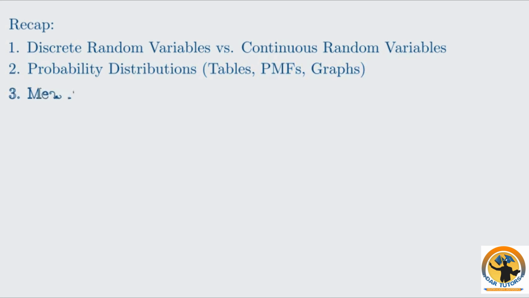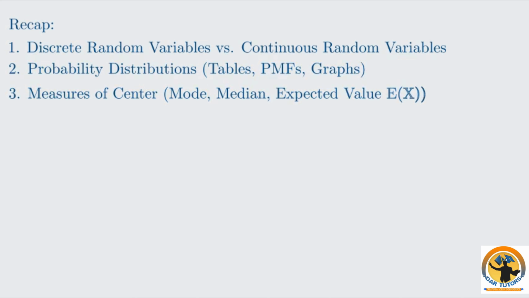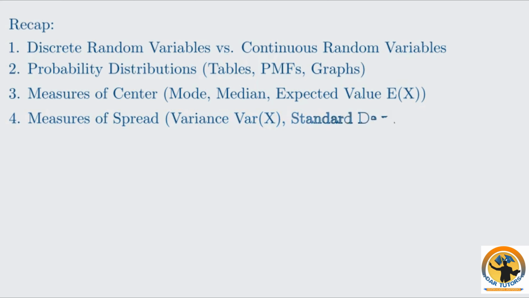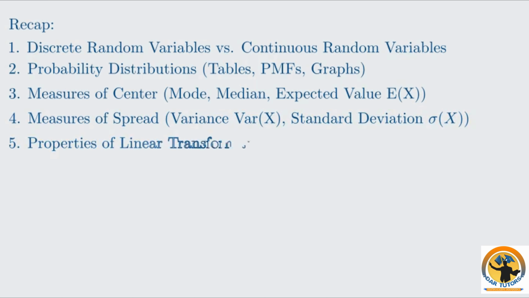We then explored measures of central tendency like the mode and median, and the all-important expected value, which represents the long-term average. To describe the spread of a distribution, we learned about variance and standard deviation, including the alternative, more convenient formula. Finally, we studied the properties of linear transformations, which allow us to quickly find the mean and standard deviation of a new variable without recalculating from scratch.